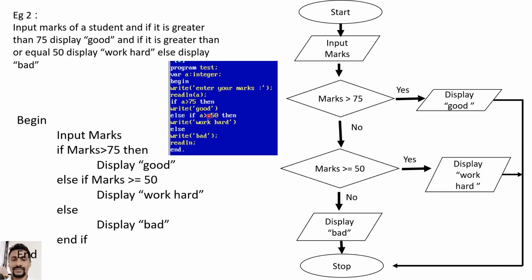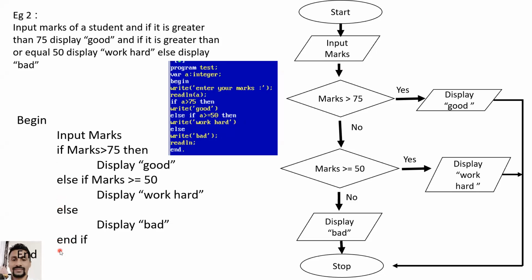Else if, in Pascal you have to use it separately. Else if A greater than or equal to 50, then write work hard. Else write bad. Now here I have put the semicolon. Why? Because my if condition is ending here, and in Pascal you can't put end if. So instead of that, you use a semicolon. Now here you can use only one if condition.